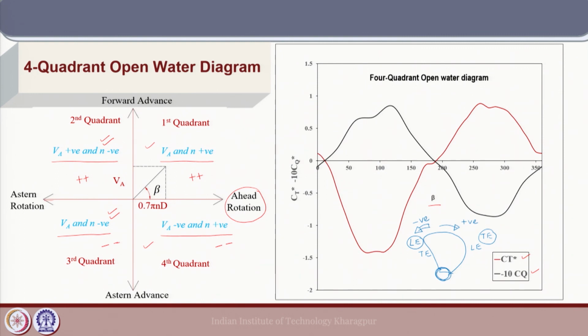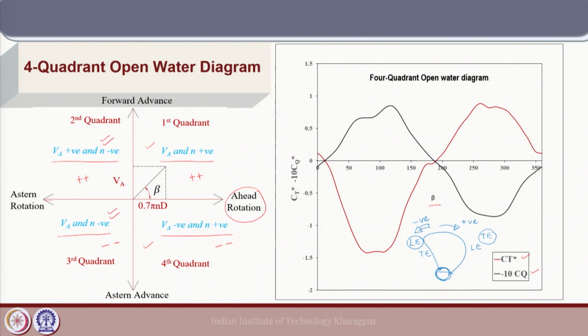Now, the airfoil sections which are used to design the propeller are designed in such a way that they will perform much better as the propeller rotates in the forward direction.